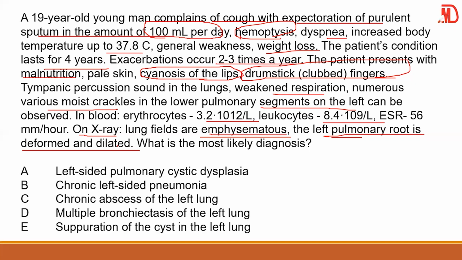So having all of these things present with a sputum of 1,000 mL per day, we're definitely looking out for bronchiectasis of the left lung. So multiple bronchiectasis. All right.